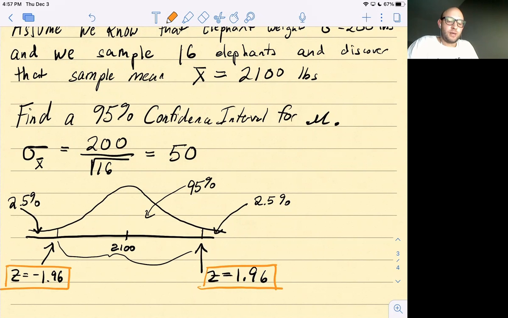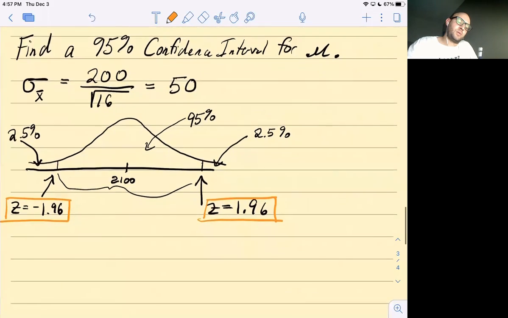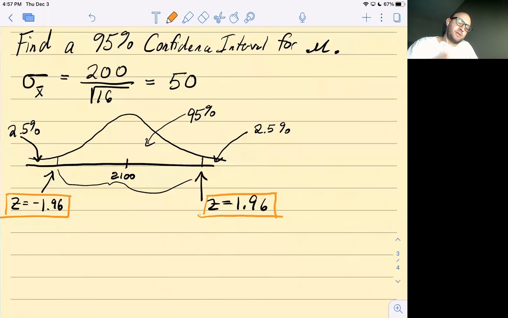So we can now construct our interval. The formula for the confidence interval is as follows.